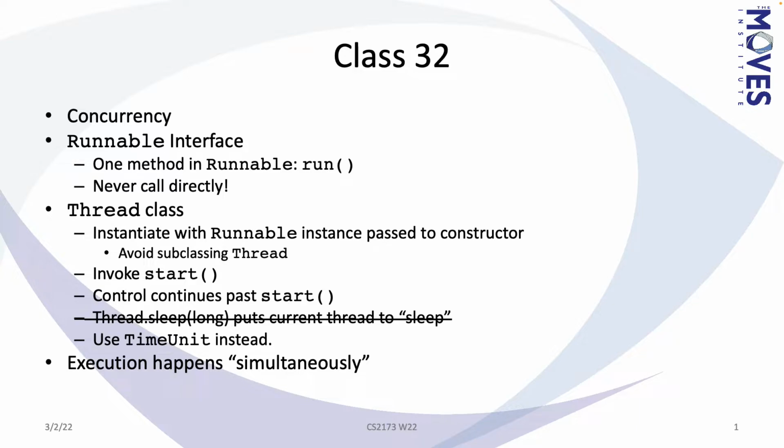And actually, at the time, Java was the first language to have multi-thread capabilities built into the language. It was certainly possible with other languages, but you typically had to use a third-party library in order to implement things like threads.